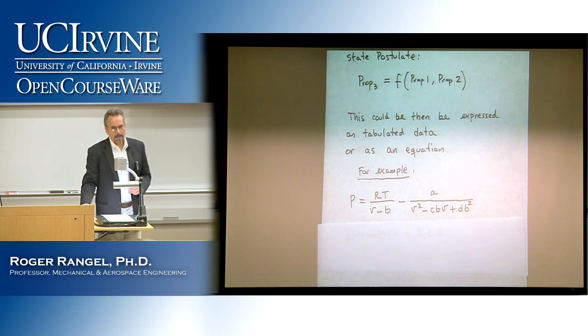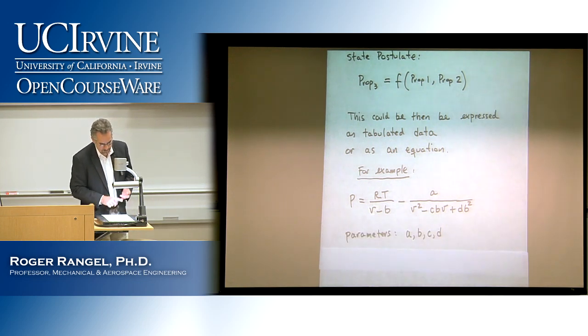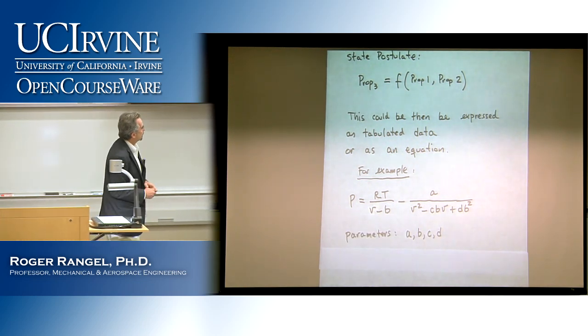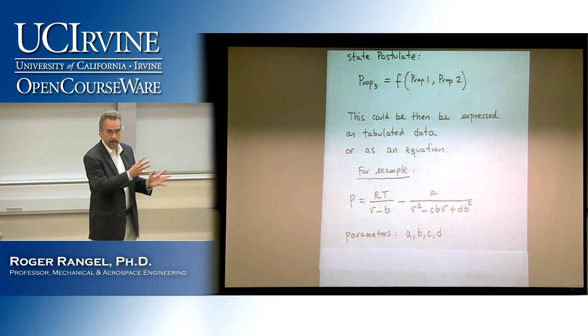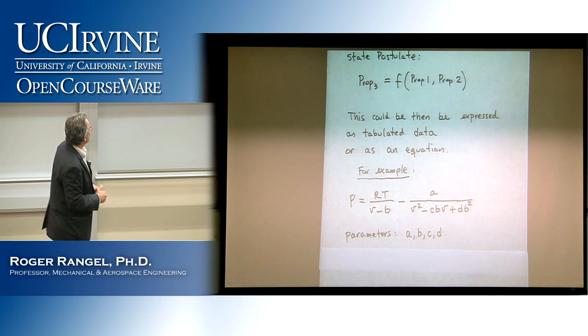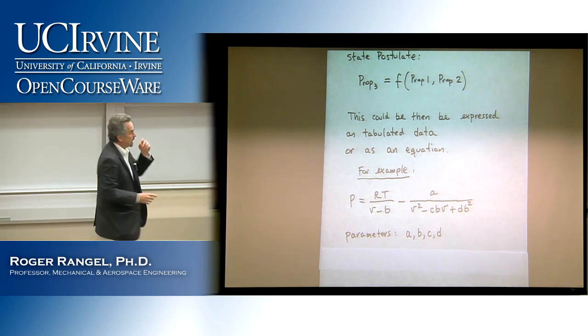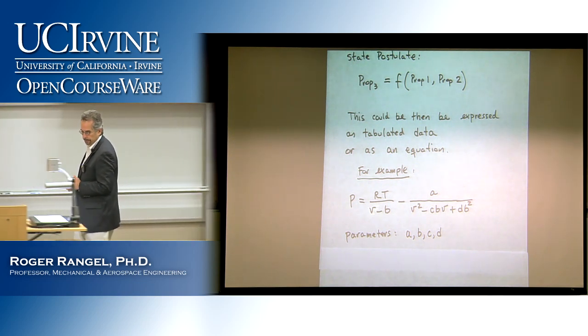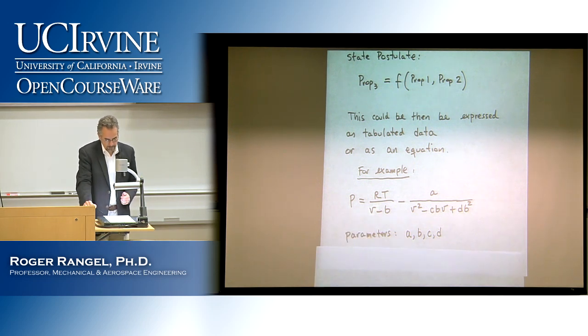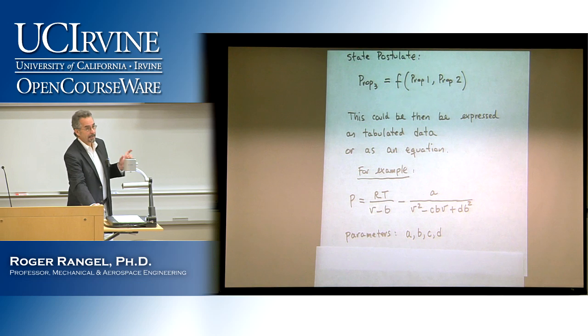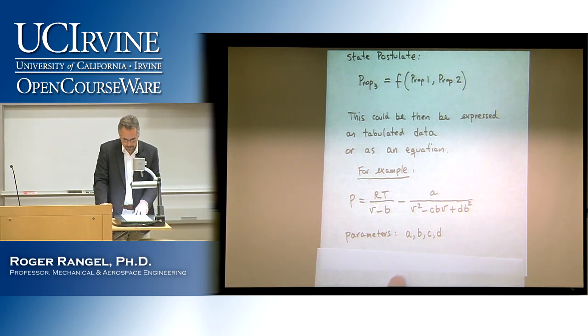So you see a bunch of parameters there. In fact, there is A, B, C, and D. Those parameters would have to be adjusted to the particular substance that you're working with. You also see R, which is the ideal gas constant. So that's a typical, relatively simple equation of state.